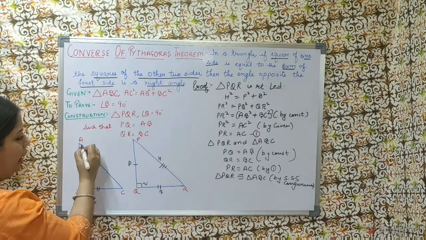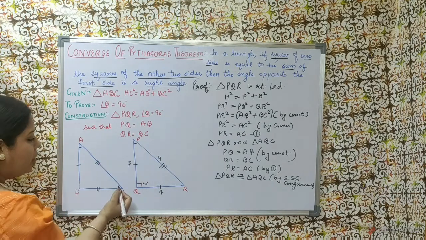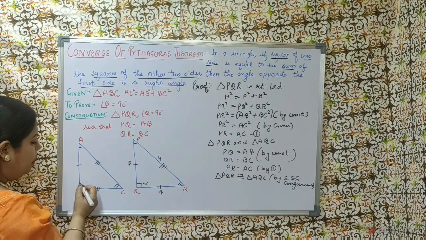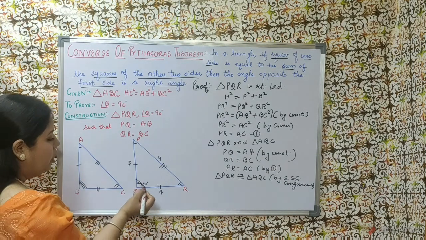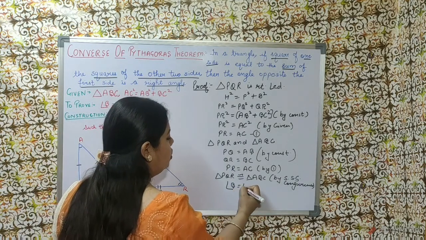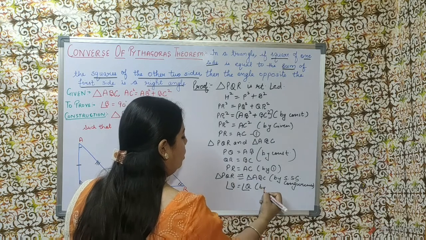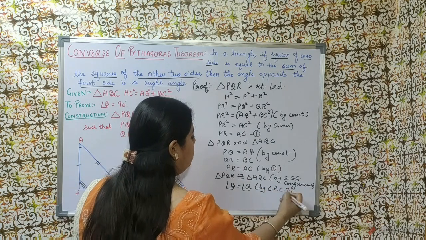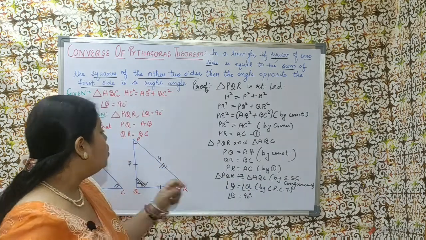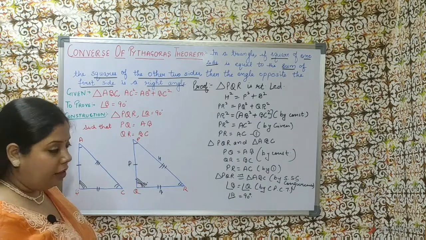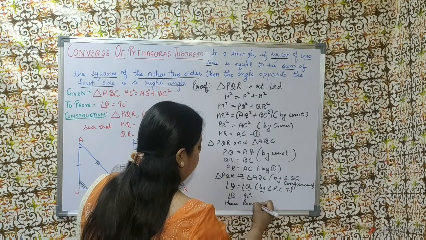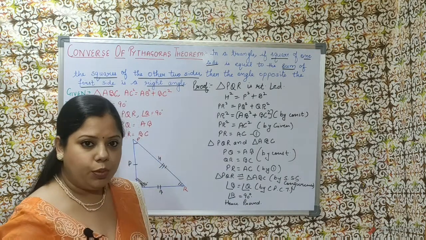So angle A will be equal to angle P, angle C will be equal to angle R, and angle B will be equal to angle Q. So I can write here angle B is equal to angle Q by CPCT. It means angle B is equal to 90 degree, which I had to prove, and I have proved that very easily. So the converse of Pythagoras theorem is proved.